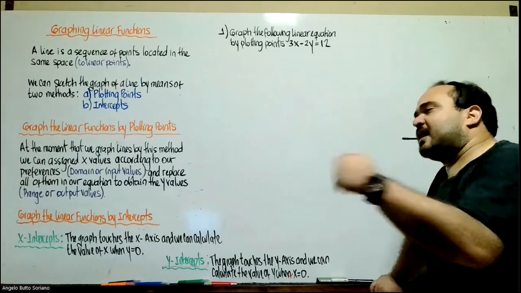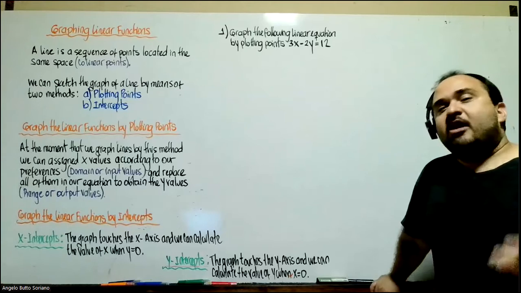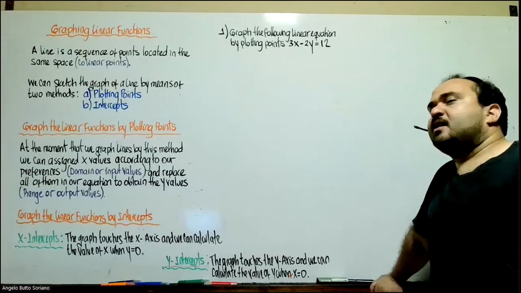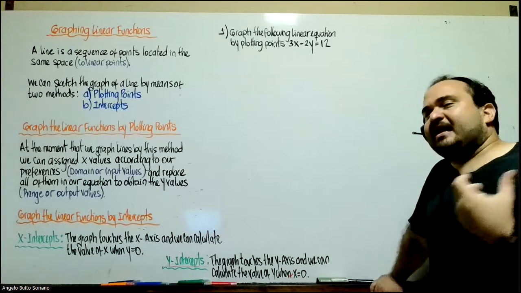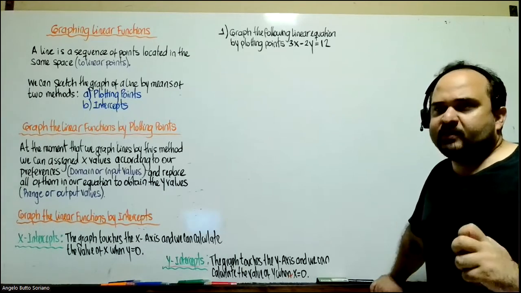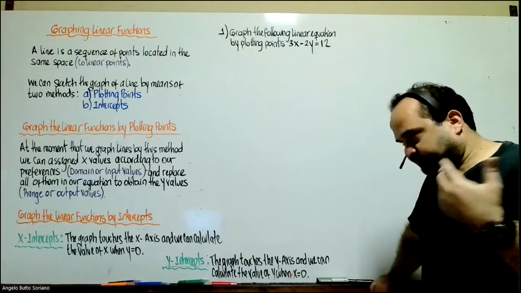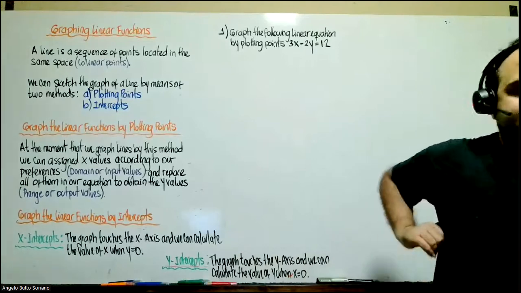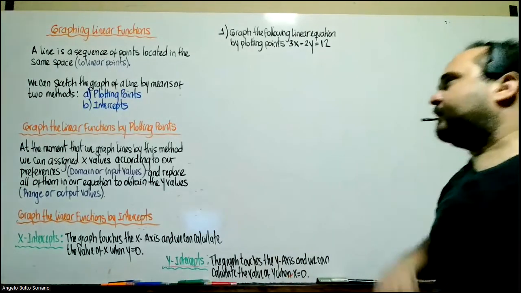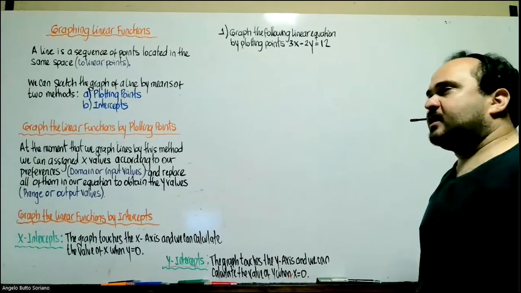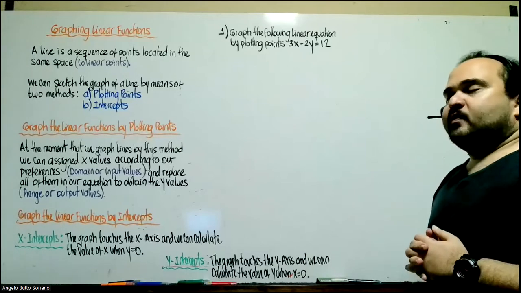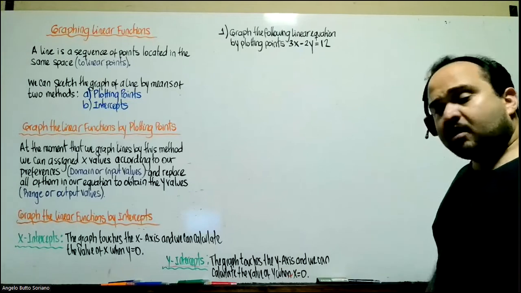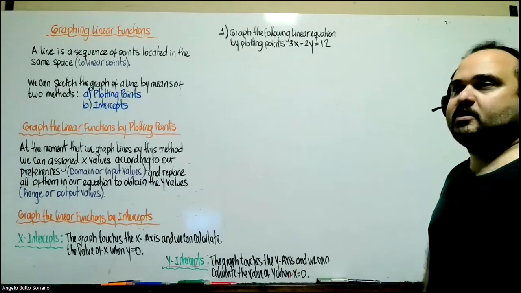The output values, the range, belong to the y-axis. Those will be the results of replacing the x values in the equation of the line, and we obtain the graph. You can assign 3, 4, 5, 6 points for x, and even if you assign more than 2 points, we're going to obtain a perfect line.